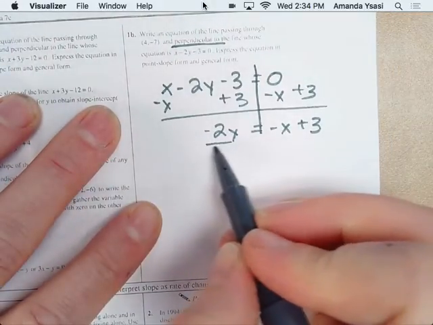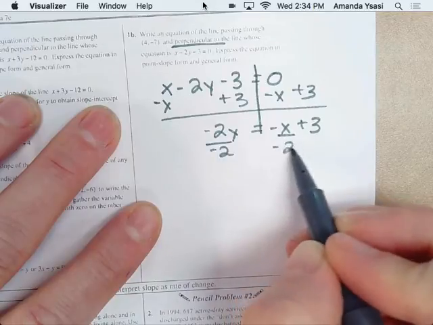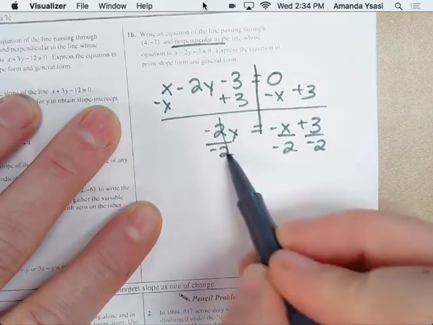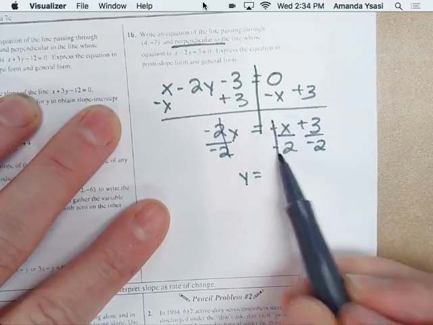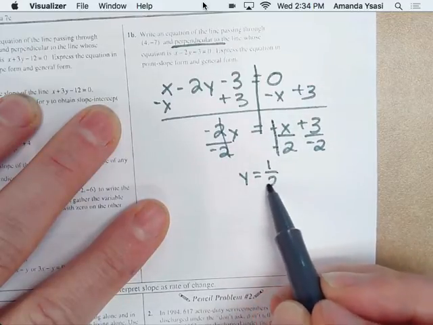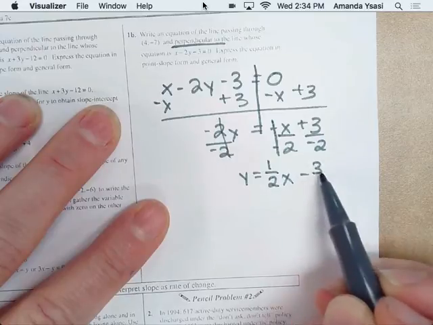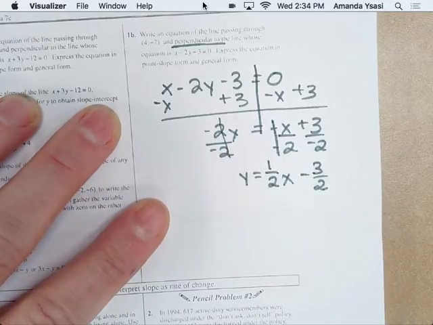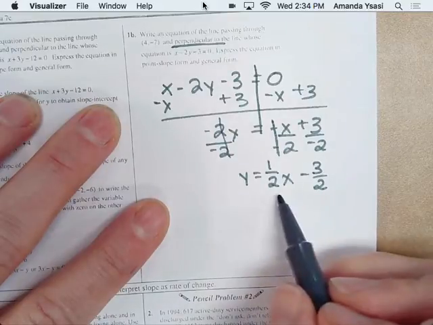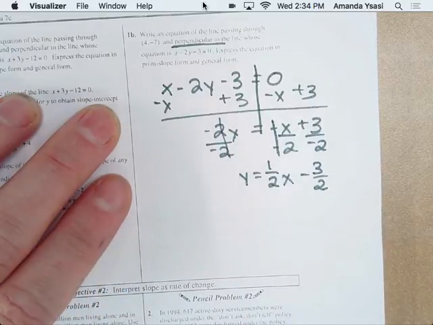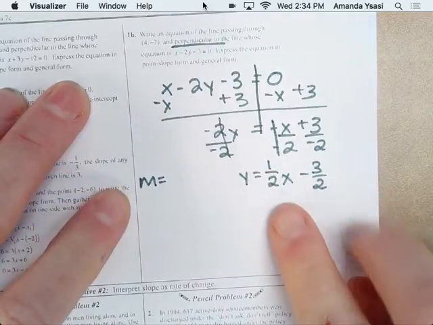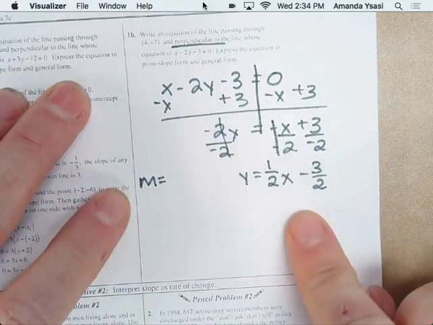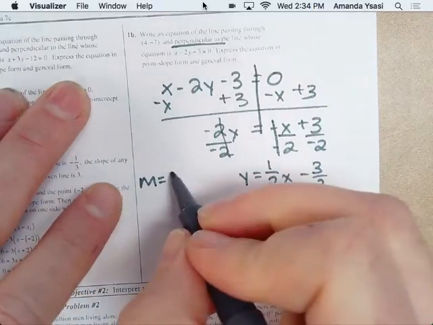And then divide by -2. So y equals negative over negative becomes positive 1 over 2x minus 3 over 2. So our original slope is 1 over 2, but we need the opposite reciprocal. So we're going to flip it. So it'll be 2 over 1 and change the sign. So it'll be positive 2.